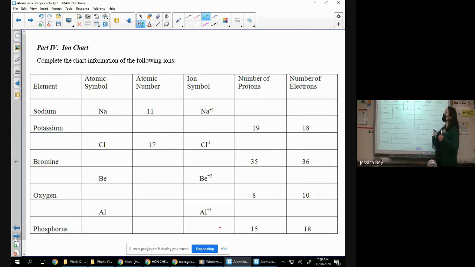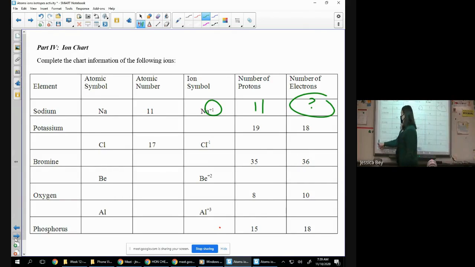Then here is a chart that simply works on charges. If you're having a hard time with charges, this is kind of focused on the charges for you. So sodium has an atomic number of 11. Okay, 11 protons. And then how many electrons would you need to get a +1 charge? So this is going to help you if you're having troubles with the electrons and the charges.